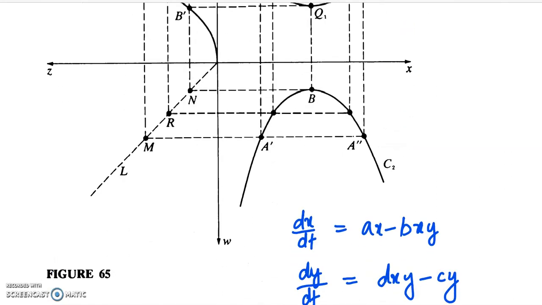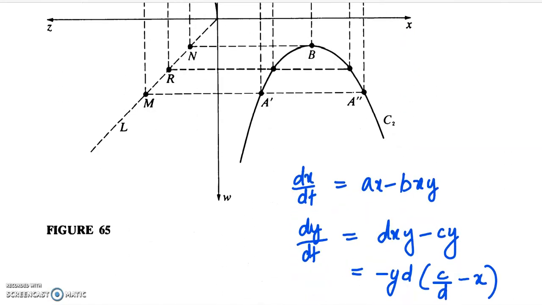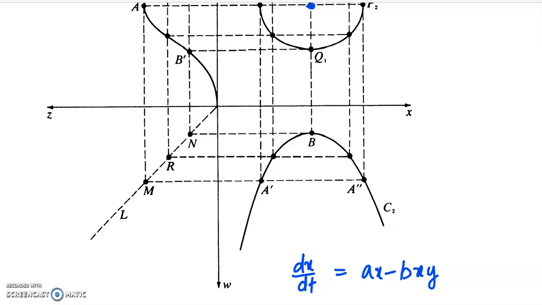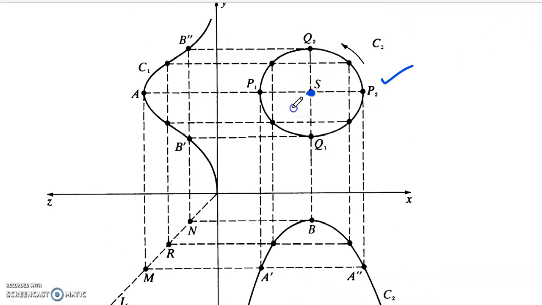We have the coordinates of s. So s will have coordinates c by d and a by b. So this point will be x equal to c by d. So along this portion you have x less than c by d, and here we have x greater than c by d.